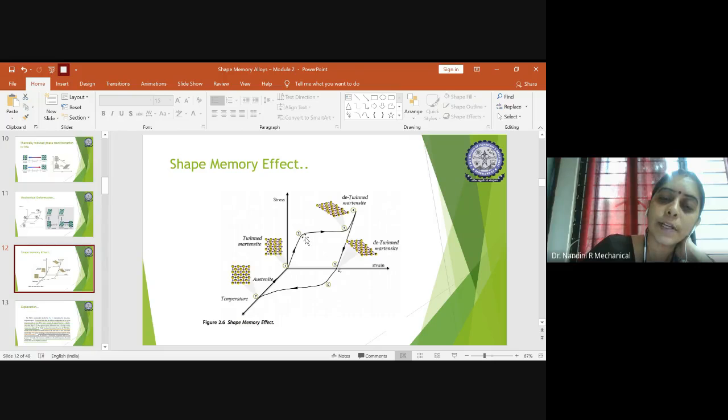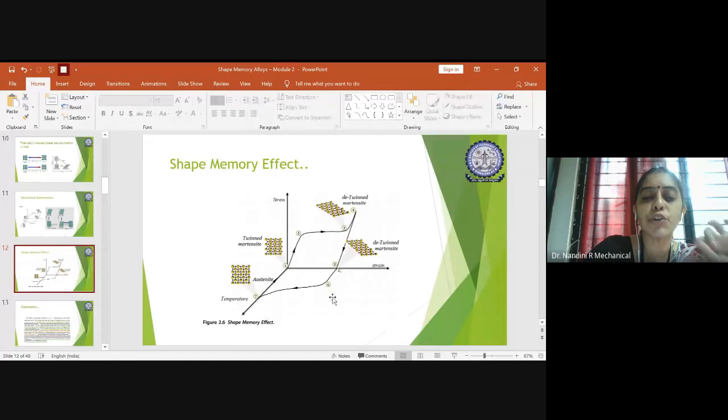Then you increase the temperature again until it reaches the saturation limit. At that stage, the twinning of the martensite happens for the second time. The second-time twinned martensite phase will then come down gradually as the cooling cycle has started, right? And then it regains its austenite phase. This is how the change of phase takes place in shape memory alloy.